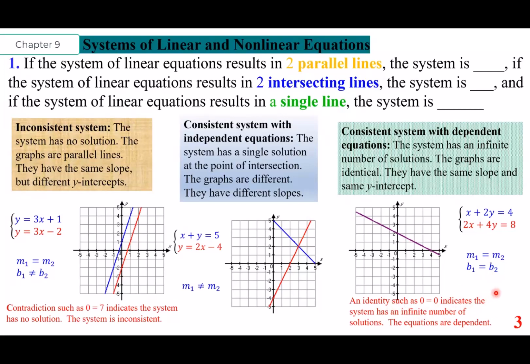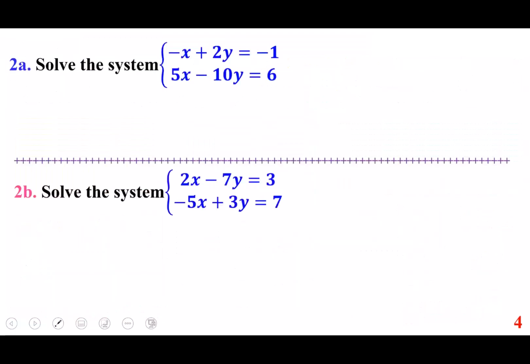The equations are dependent. We want to solve this system. We can easily see that if we multiply the top by 5, the method of elimination will do that. If we keep the second one intact and multiply the first one by 5, we get, for example, minus 5x and 5x, they cancel each other if we add them up, and we get 0 equals 1.